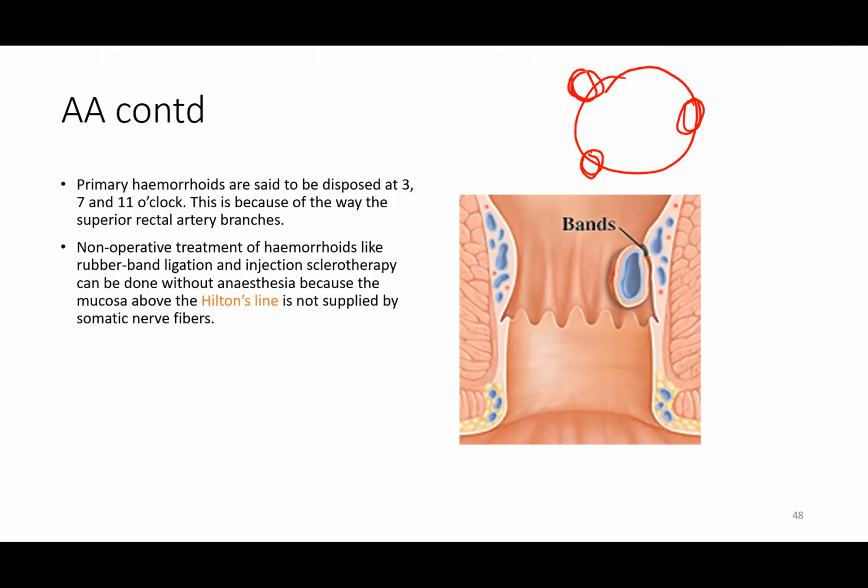So when there is hemorrhoid at these points, they are called primary hemorrhoids. They appear at the primary position of the distribution of those vessels. Hemorrhoids that occur in between these sites are called secondary hemorrhoids.